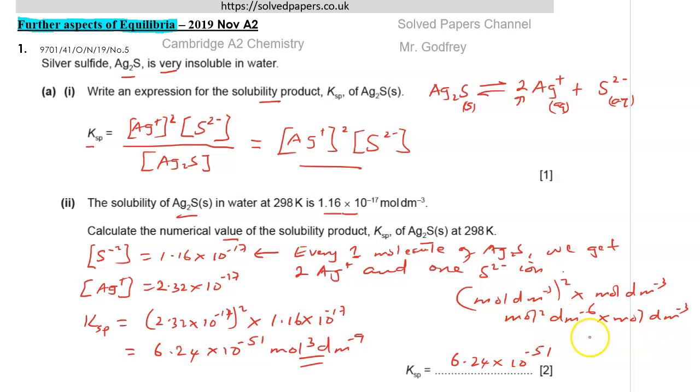So this and this would give us moles raised to power 3, and dm cubed raised to power 9, in the denominator. That will be the unit, though we are not asked the unit there, so just leave it at that.